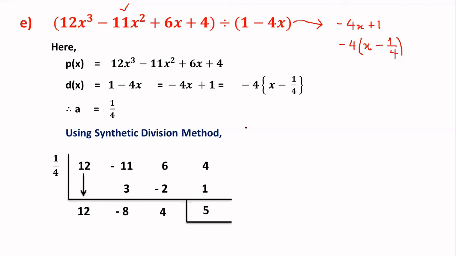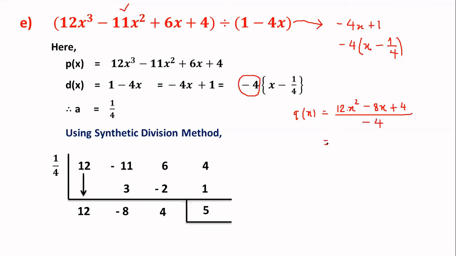Now here also, we need to be very careful about writing Q(x), because we have taken out minus 4 common in case of D(x) while changing it into standard form. So for Q(x), first of all, we write the quotient coefficients: 12x squared minus 8x plus 4, the degree decreased by 1 power from the dividend polynomial. And as we had taken out minus 4 from the divisor, that minus 4 will divide this numerator.